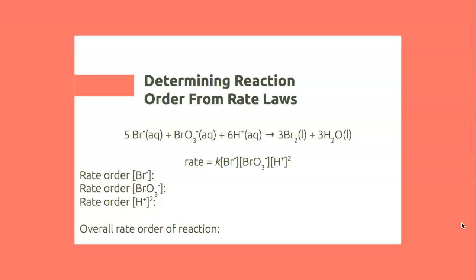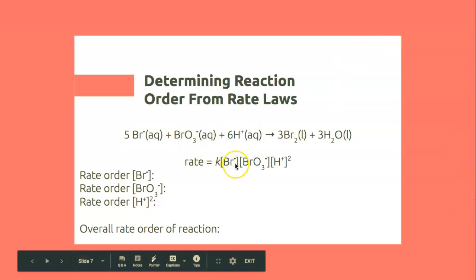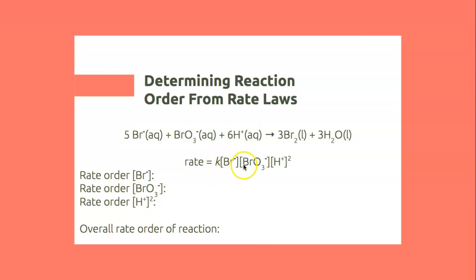You should be able to get this pretty simply because we only have one exponent that's written out explicitly, and that means that we have several first orders. If we look at the first reactant, if it does not have an exponent written out, that means it's got an exponent of 1. So our rate order for it is going to be first.